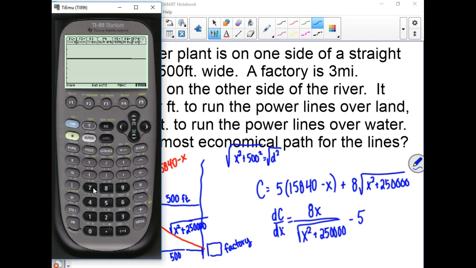Although, we're looking for where it intersects X. Yep, so we want to look where it intersects that x axis right here, which we are going to find just by finding that 0. So that is F5, number 2. And 0 here.